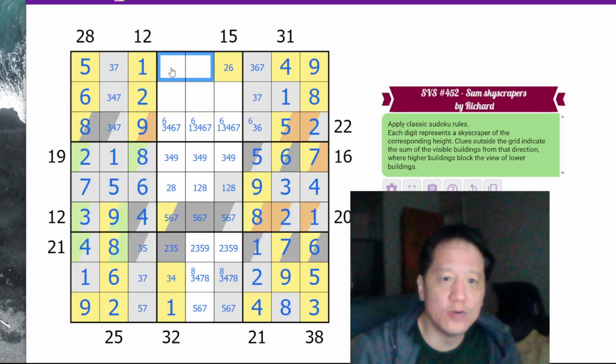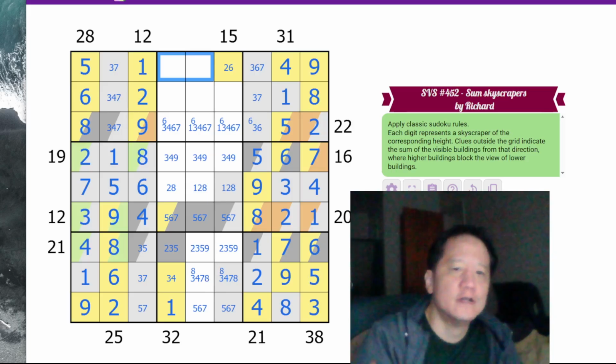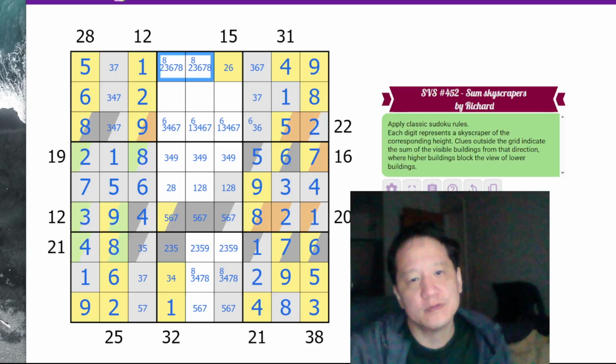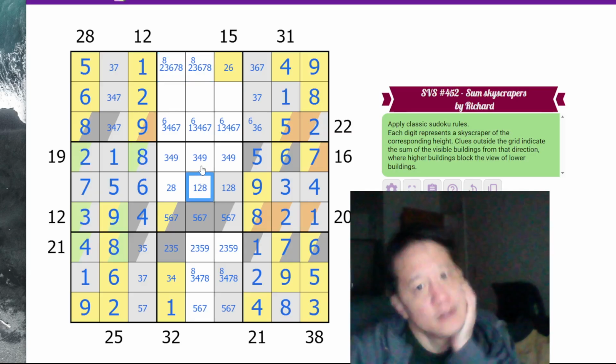Remaining digits of row 1. We have 2, 3, 6, 7, 8. And we're guaranteed 8 has to be one of these two. Oh boy. Okay.